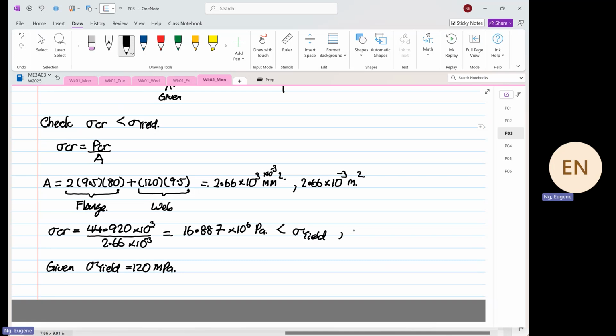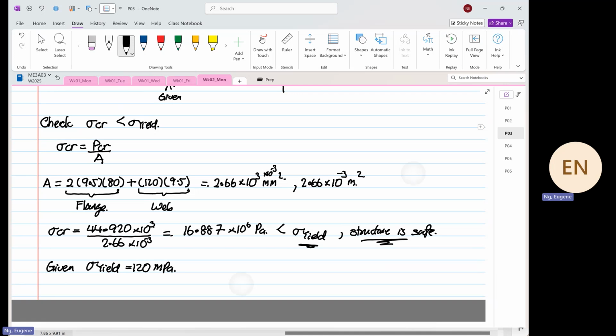Then you have to write down the structure is safe. If let's say this is higher than 120 megapascal, the structure is not safe. Are we clear? So you have to check.